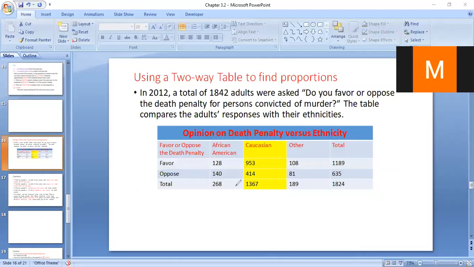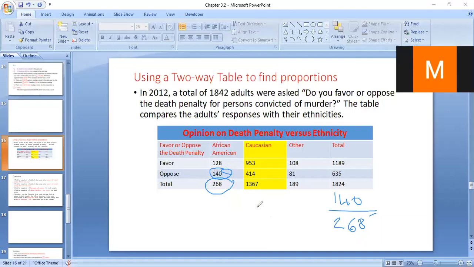So then you find the proportion, you go 140 divided by 268. Depending on the question, you look at the group, African American, we have 268, but 140 is the part.